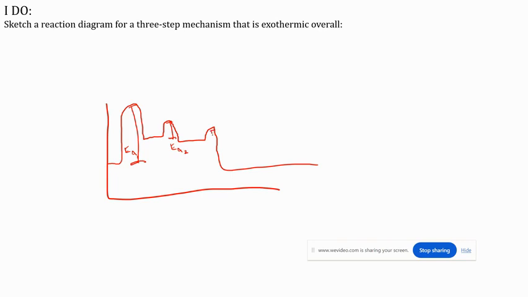And this will be your activation energy 3. Okay, this is your slow step. It has the highest amount of activation energy. This is your next step and your third step. And overall, it's exothermic because your products are ending up with less energy than your reactants. And hopefully you were able to draw a little bit nicer and neater than I am, but we get what we can get done.